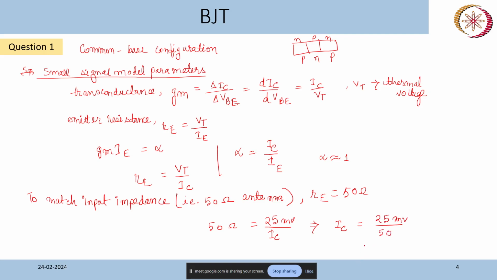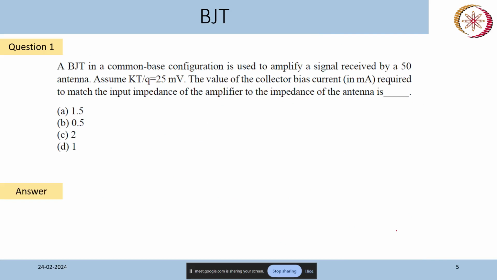So this is 1 by 2, so 0.5 milliampere, which is the collector current. So the answer is B, 0.5 milliampere.